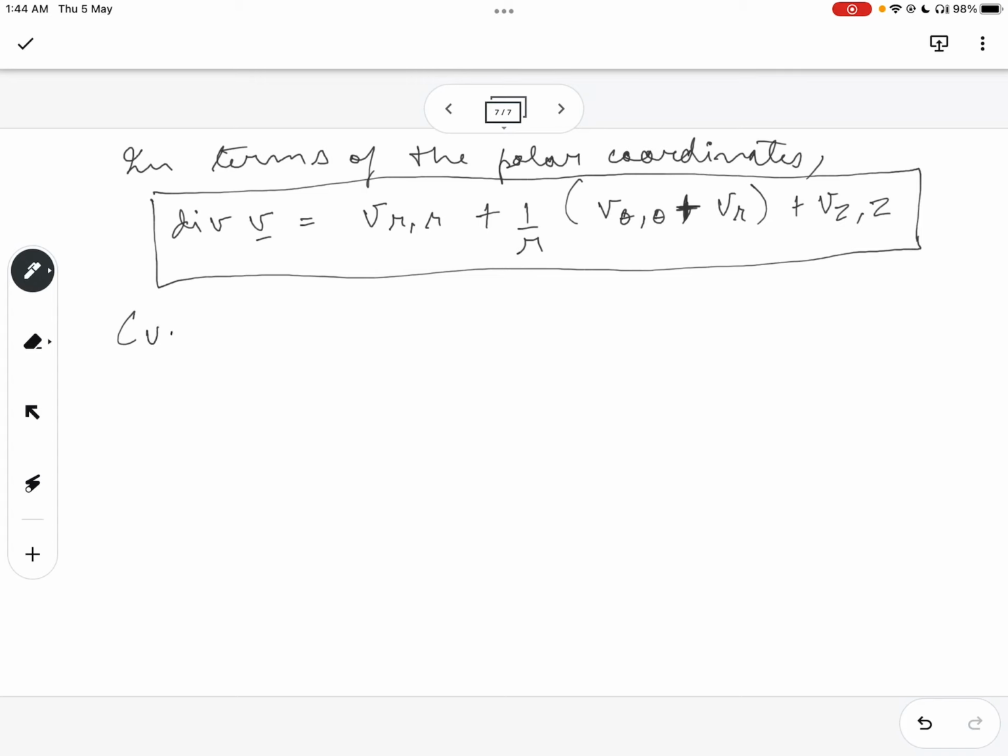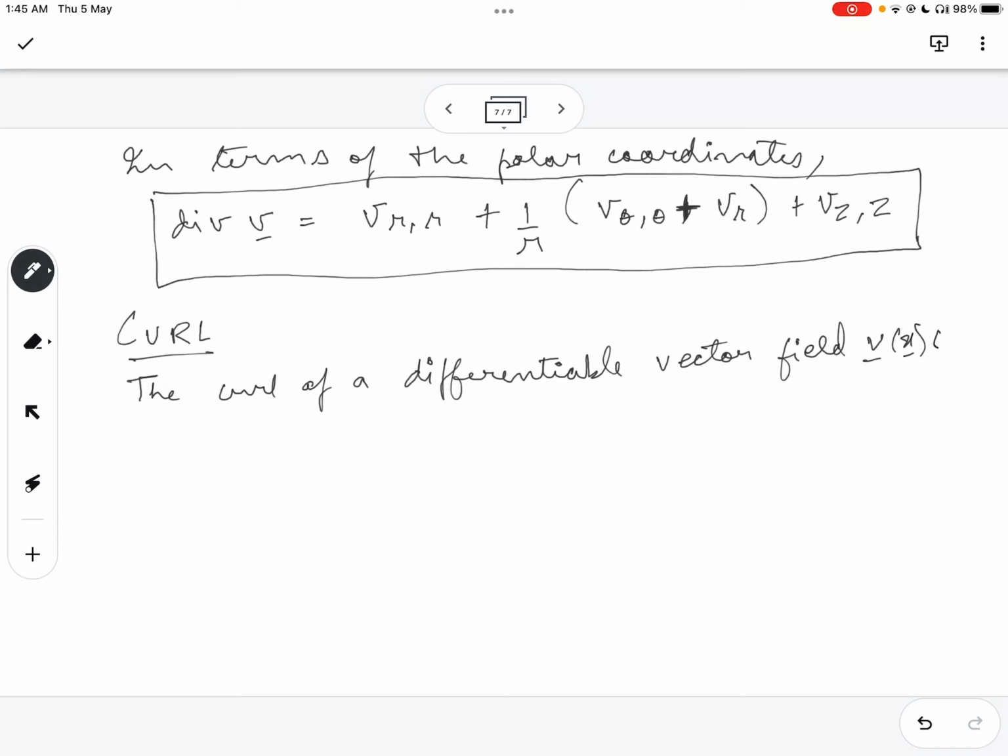The next quantity is curl. Let's look at how it's defined. The curl of a differentiable vector field V, as these quantities have to do with the derivatives of a vector field, the vector field should be differentiable. That's why it's important to mention that they are differentiable vector fields. So V(x), belonging to three-dimensional Euclidean space, is a vector field.